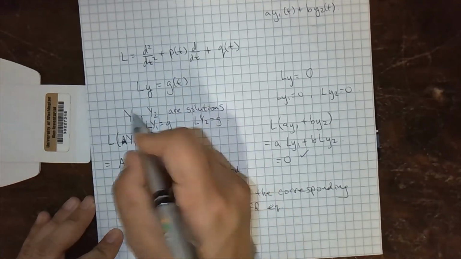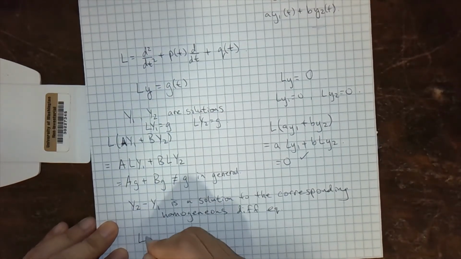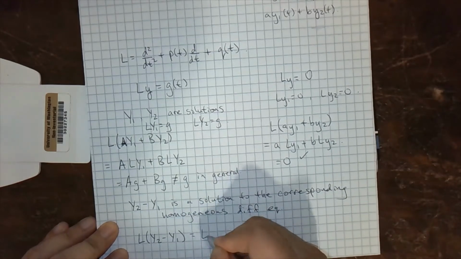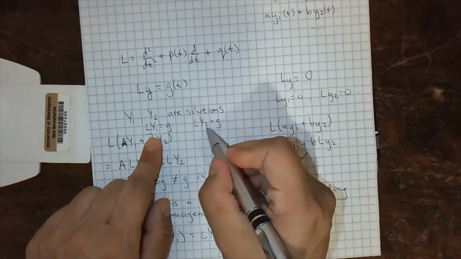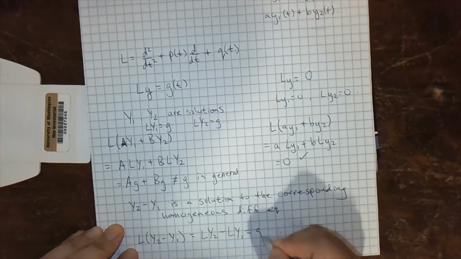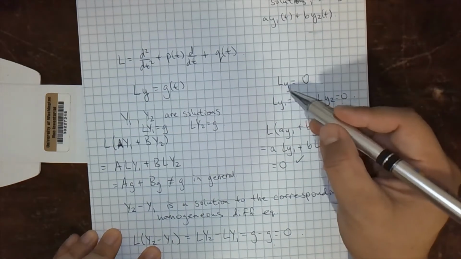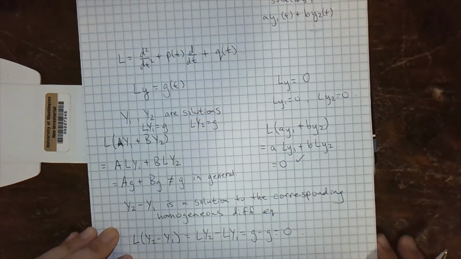If y2 and y1 are any two solutions here, then let's apply L to y2 minus y1. We're going to get L of y2 minus L of y1. Both of these are g, so that's g minus g, which is 0. So we see that this is a solution to L applied to y equals 0.